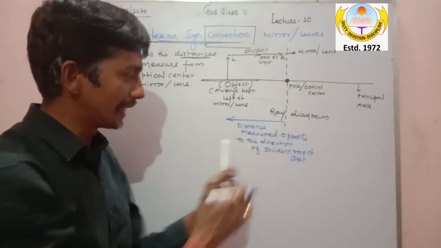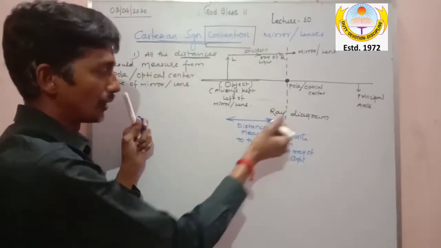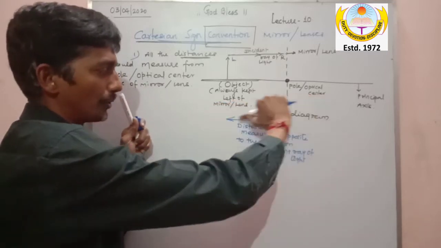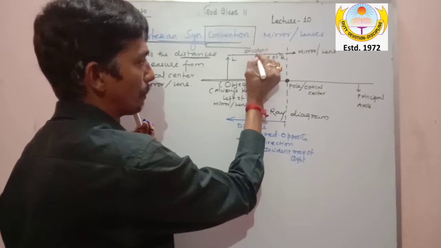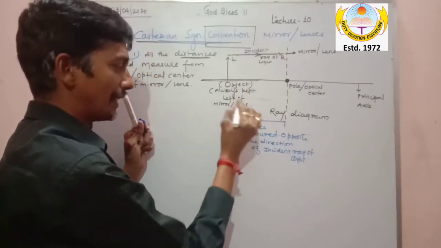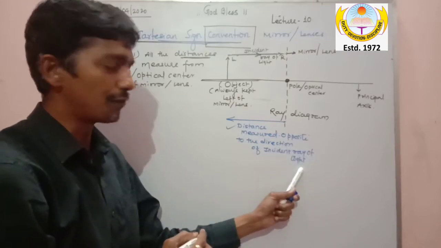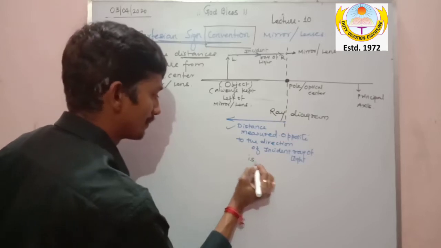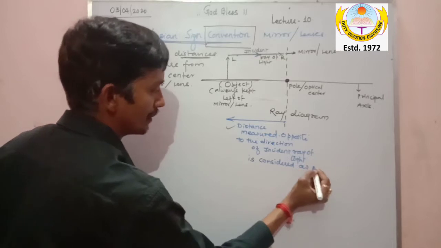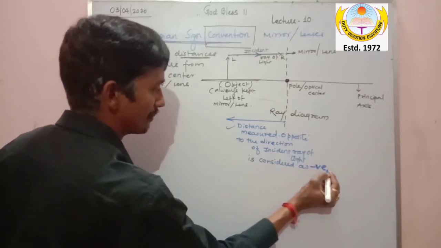If I measure from the pole in this way, from right to left, of course I am going opposite to the incident ray. So what I have written: distance measured opposite to the direction of incident ray of light is considered negative.